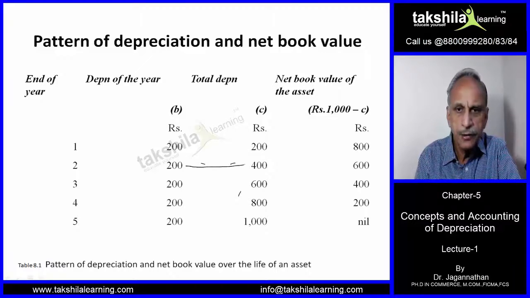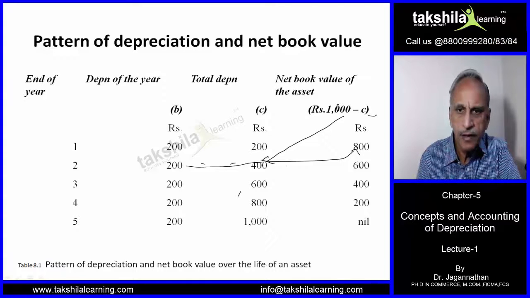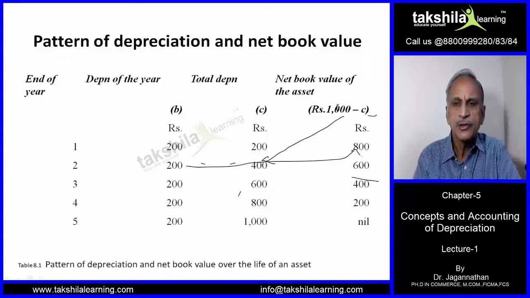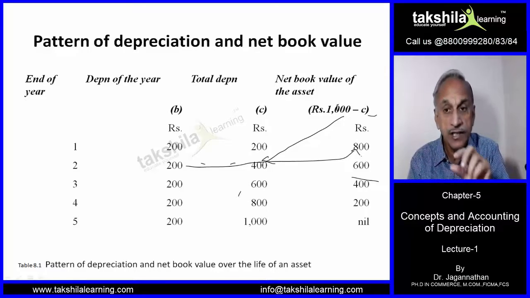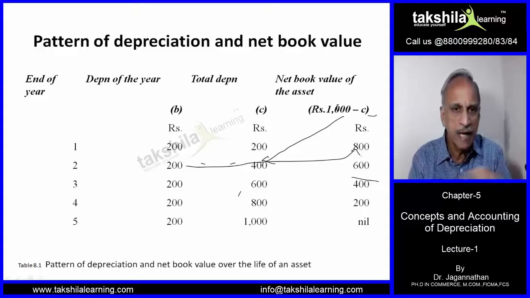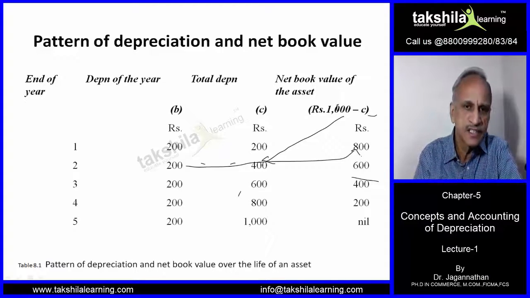You can reduce this 200 from this and you get this, or reduce 400 from 1000 and you get this. So the total original cost minus accumulated depreciation, or the net book value minus the current year's depreciation, will give you the balance of the things.